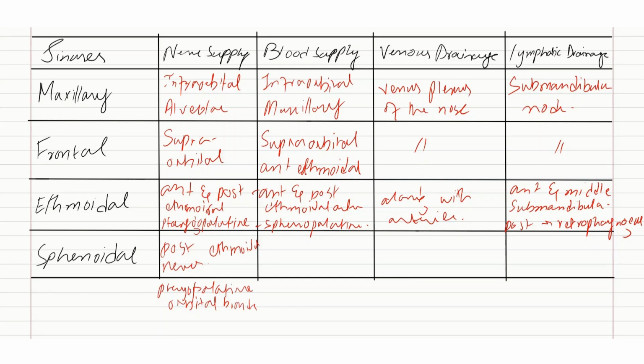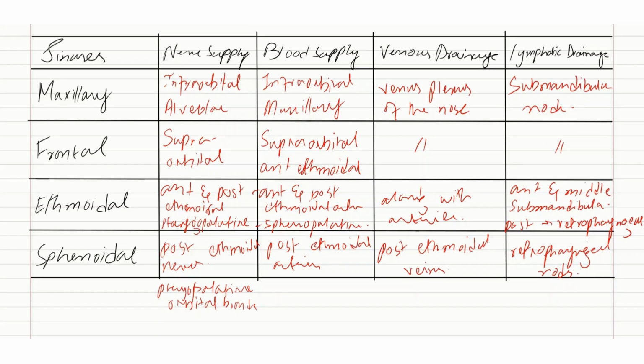The blood supply will be from the posterior ethmoidal arteries. The veins will drain into posterior ethmoidal veins. As I've told you, the veins will travel along with the arteries, and the lymphatic drainage will be in the retropharyngeal nodes.